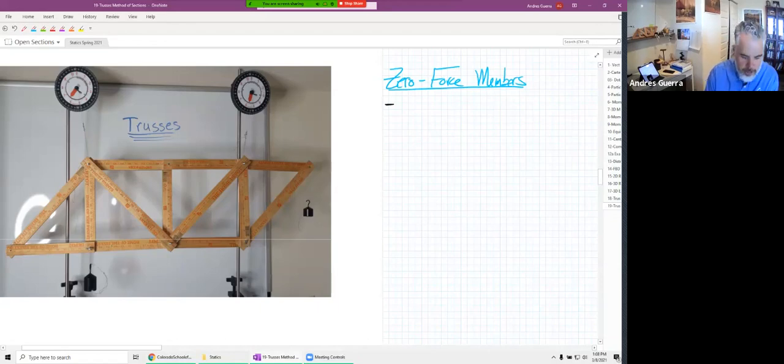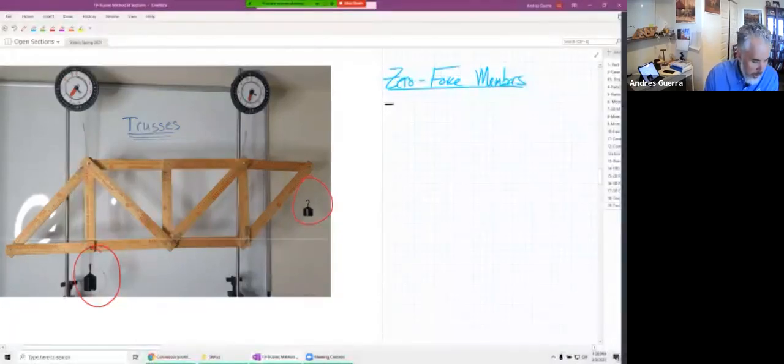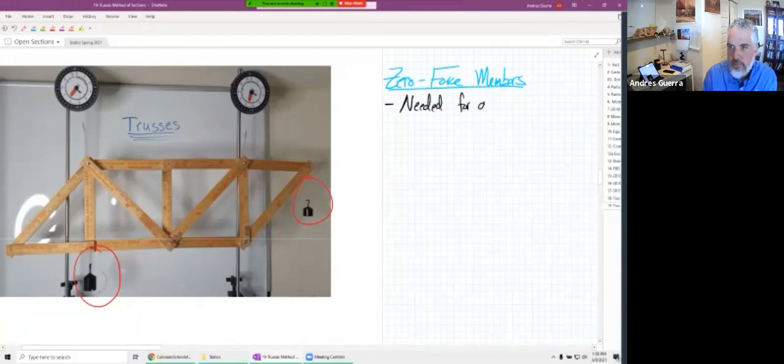In our particular truss over here, we have a weight here and a weight here. We could have a different loading scenario, in which case there would be loads in different members of that truss. So they could be used for different loads. Maybe we move the loads around, and then we end up with zero force members in different areas.